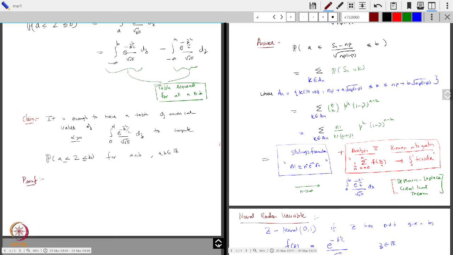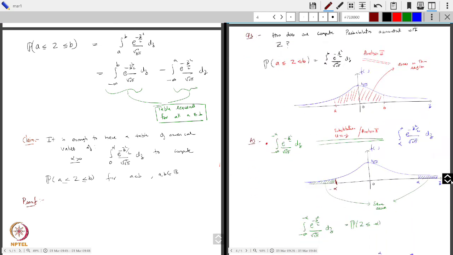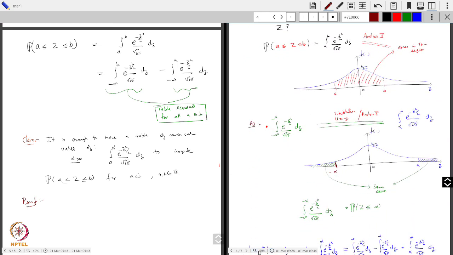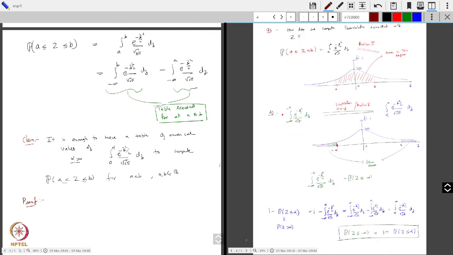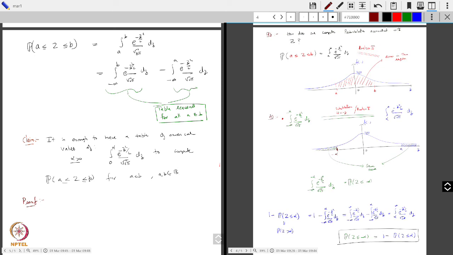I'll take a 5-minute break and we'll come back and do this. So the claim is that if I know only these numbers from 0 to alpha, then I can do this for any A and B using this idea and this idea.